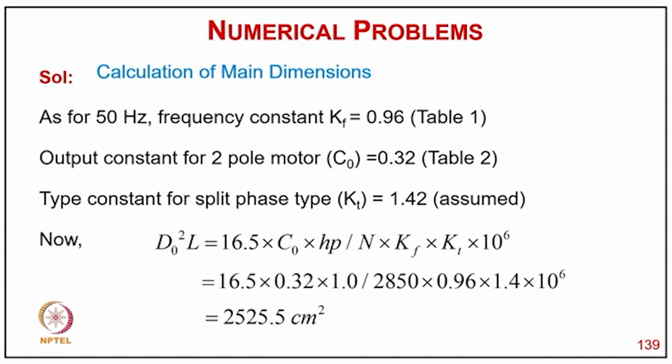Now coming to the calculation of main winding, as for 50 Hz the frequency constant is Kf equal to 0.96 from table 1, and output constant C0.32 from table 2, and type of split phase type KT equal to 1.42. Now we can find out D square L equal to, putting the value in this output equation, it comes 2525.5 centimeter square.